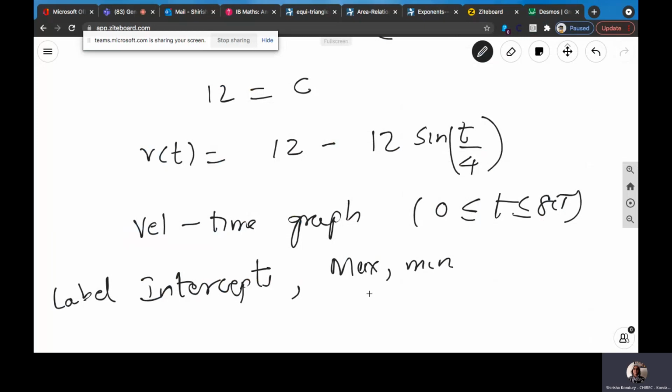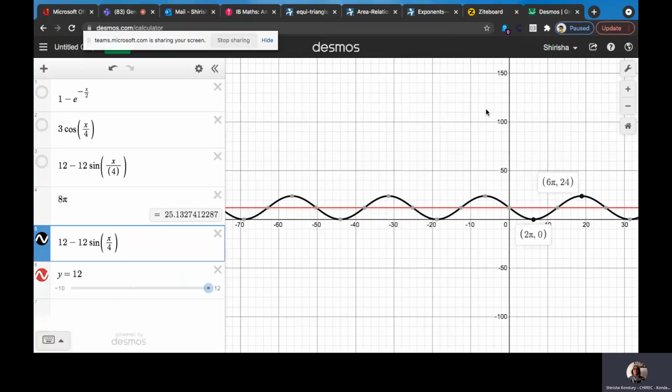The next question is to find the distance traveled by the particle before it comes to rest. So let's go back and look at the graph and see when it will come to rest. It comes to rest when velocity becomes 0, and velocity becomes 0 at 2 pi the first time.